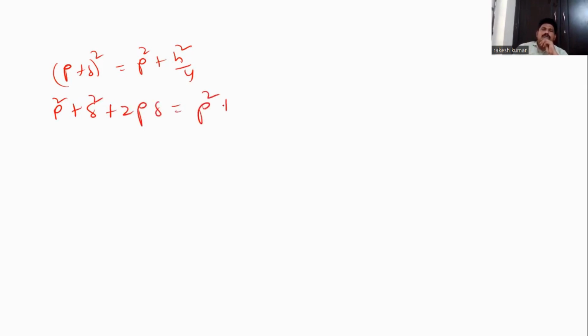Therefore, squaring on both sides, rho plus delta whole squared is equal to rho squared plus h squared by 4. So rho squared plus delta squared plus 2 rho delta is equal to rho squared plus h squared by 4. So rho squared will get cancelled.